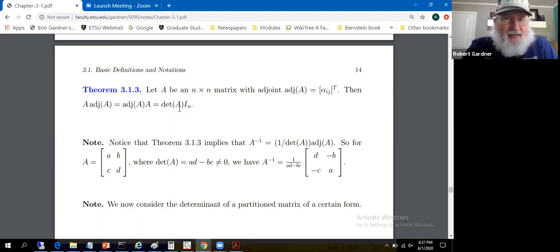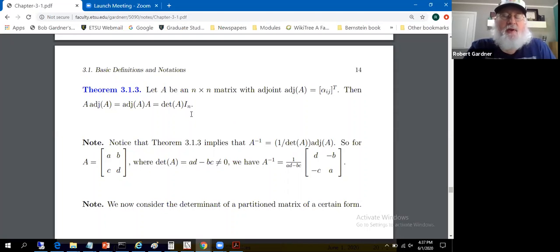Is that a good idea? It's a true thing if this theorem's true, but I don't see that being computationally useful because I can find the inverse of a matrix probably a whole lot quicker than I can find the determinant of it. So that makes it undesirable. Here's something else that makes it undesirable. The adjoint, that's a whole matrix of cofactors, and every cofactor is a determinant of an n minus 1 by n minus 1 minor matrix.